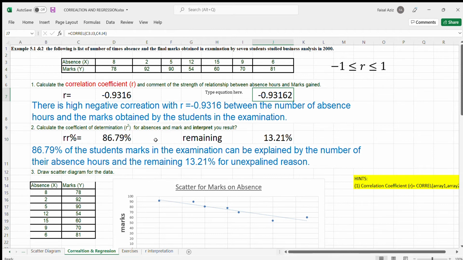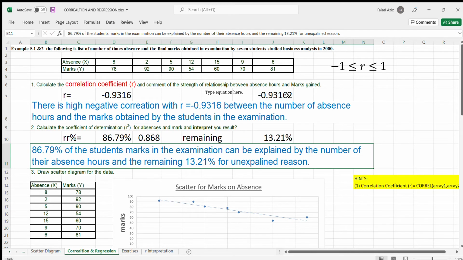Though I have already calculated it, for the sake of your understanding I am calculating it again. So this is our R value, minus 0.93, multiplied by R again, so it will come as a square. As you can see, 0.868.